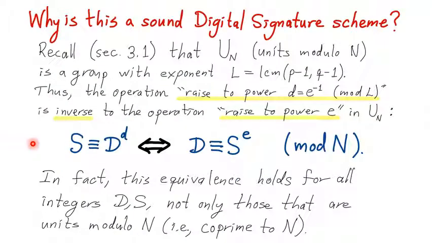Now, if you go back to our discussion of what happens in the group of units, UN, units modulo N, this is a group with exponent L equal to the least common multiple of P minus 1 and Q minus 1.